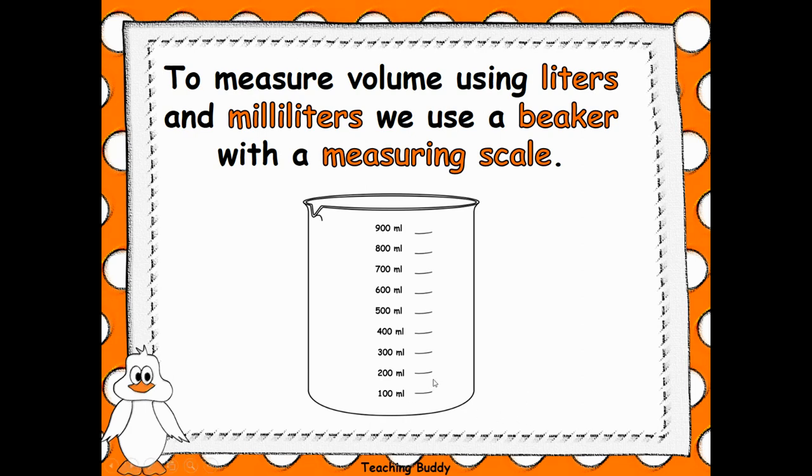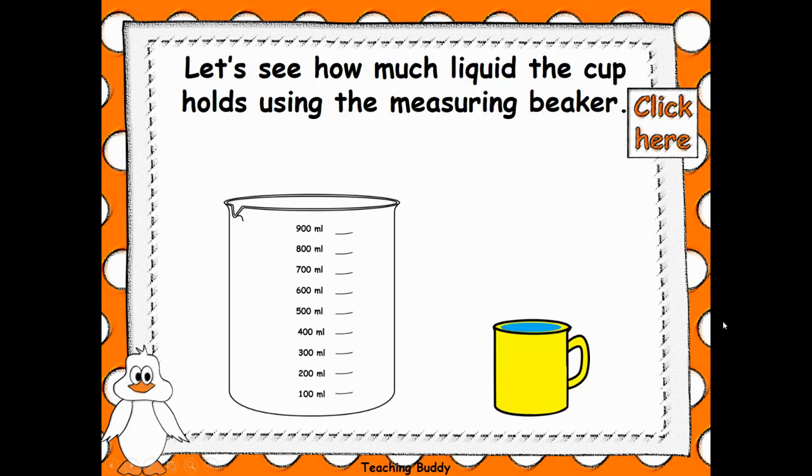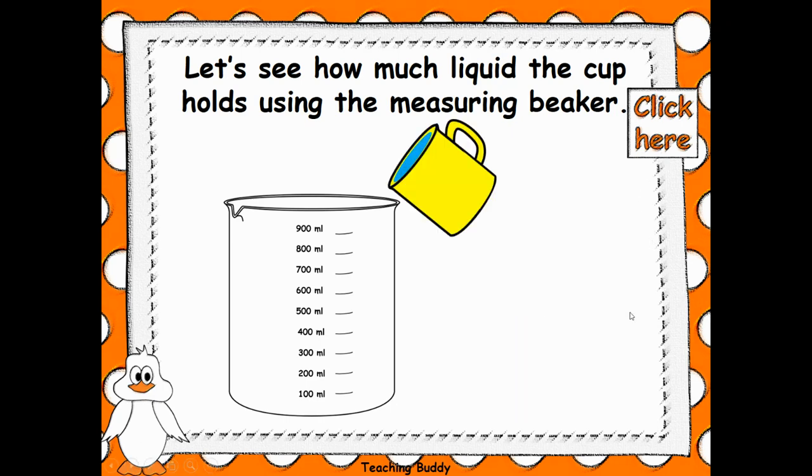If you look here, and we've done some of these in the past, I can see that the scale 100, 200, 300 is going by hundreds, right? We're going to also practice looking at some graduated cylinders where the intervals might be a little bit different. So let's see how much liquid the cup holds using the measuring beaker. Let's do a few of these to practice.